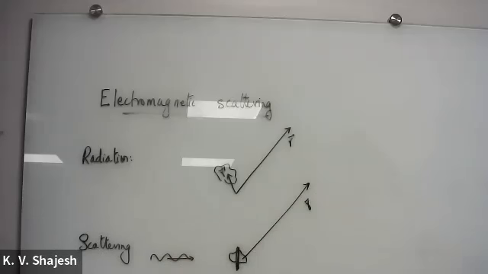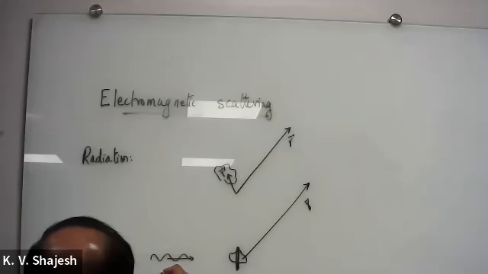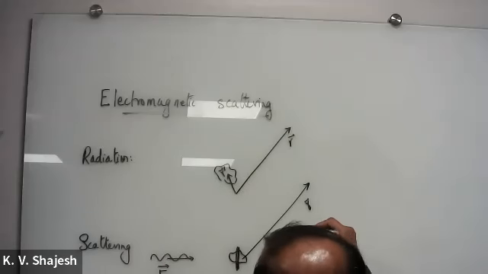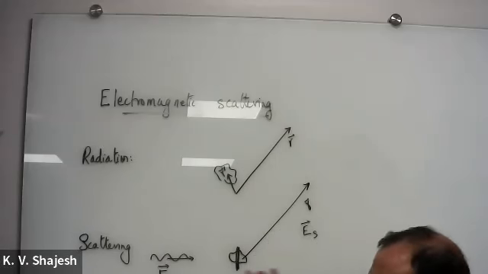So scattering involves an incident electric field, which we call E incident, and this we will call the E scattered. So the scattered field and an incident field will be there.